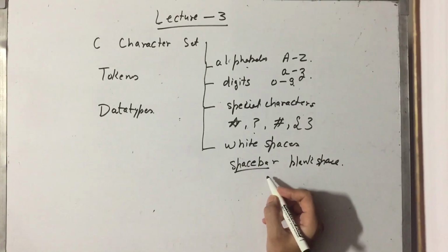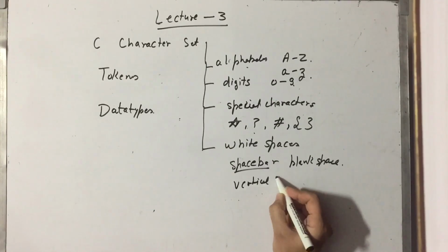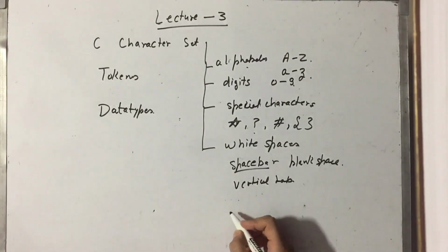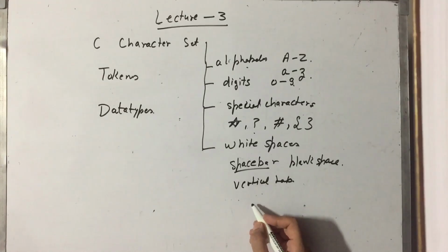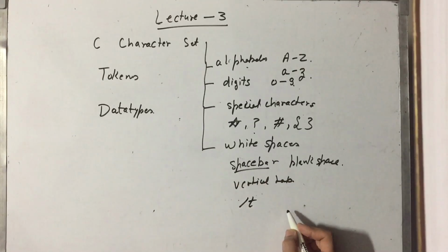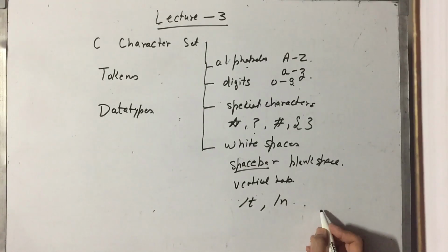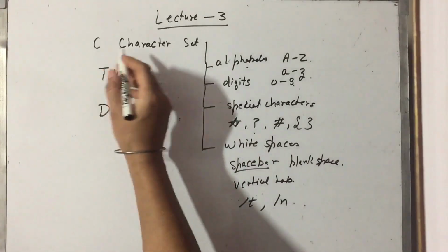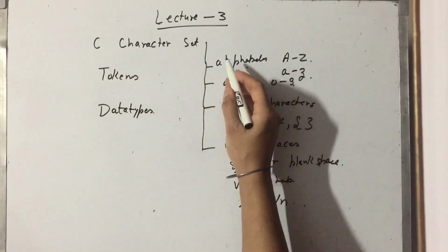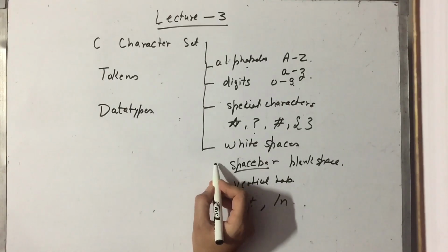Then we have vertical tab, and there are so many other things, like we use a /t for a tab space and a /n for a new line. So these are the few things which make up the character set of your C language.